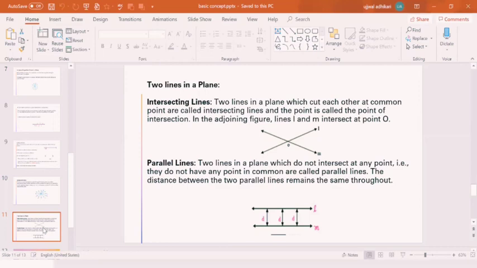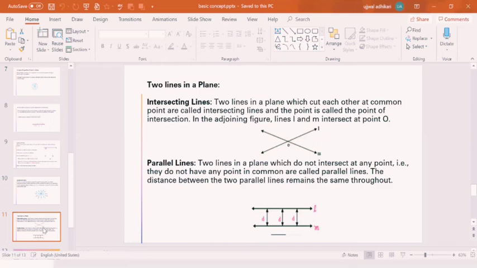While two lines are intersecting each other, they form angles. Today I am not going to discuss the angles. In the next video I will elaborate on the angles. So till the next video, only the concept of intersecting lines.